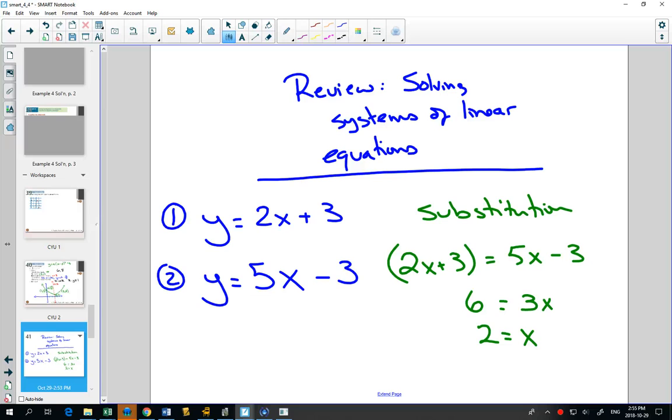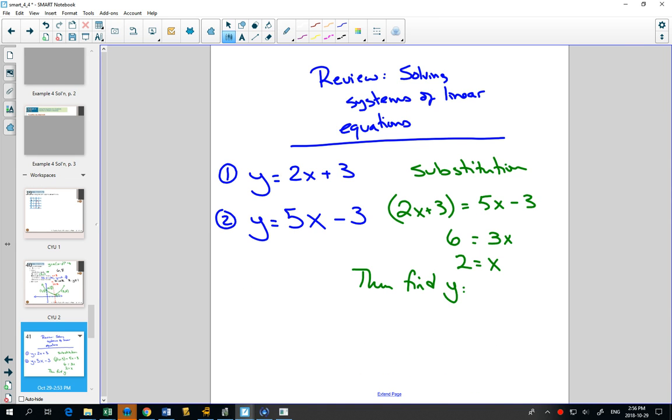Once we find out x has to be 2, then you would need to find y. You could find y by plugging it into either one. What happens if I plug 2 into the first equation? y equals 2 times 2 plus 3. y is equal to 7.